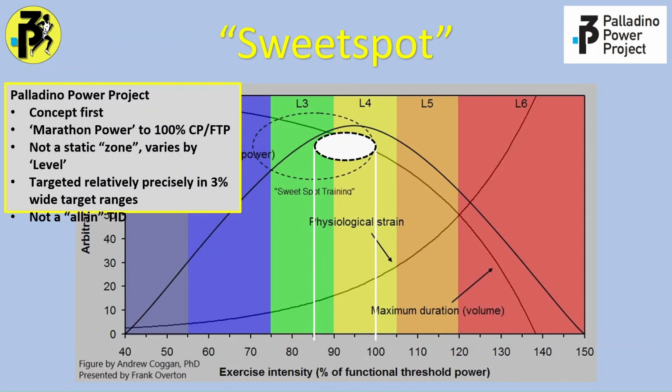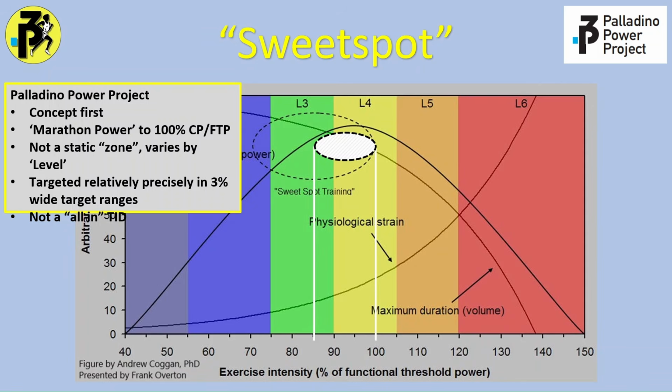But if you had to put numbers on it, in terms of a very broad look, it would extend from about marathon power on the low end up to about 100% of CP-FTP. But it's not static and hardwired into 85 to 100%. No, it is not static. It varies by level or even at the individual level, as I demonstrated just a few slides ago.